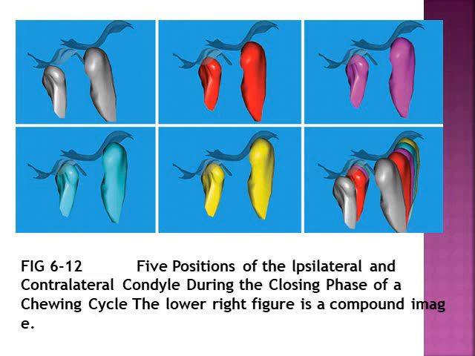In opening, the condyles translate approximately the same amount, and as we see in the first photo on the first page, will be located just behind the eminence. This is in maximum opening for our translation.